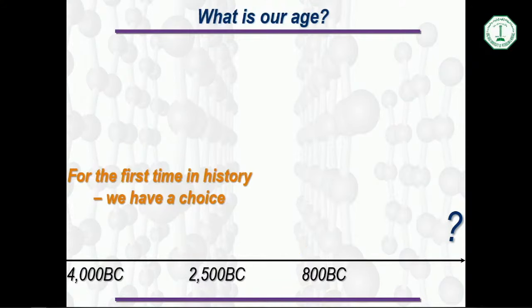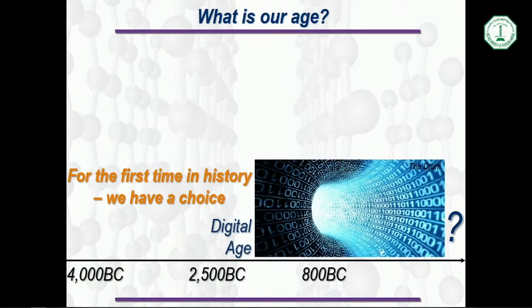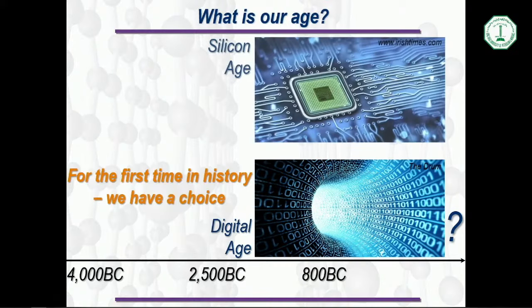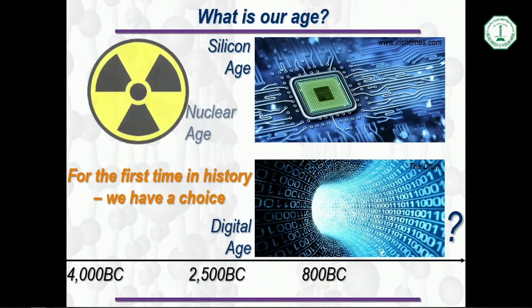There is the Stone Age, there was the Bronze Age, the Iron Age, and there is a good question which age we live in now. And maybe for the first time in history we have a choice. We can call it the digital age, or maybe the silicon age, or the nuclear age.